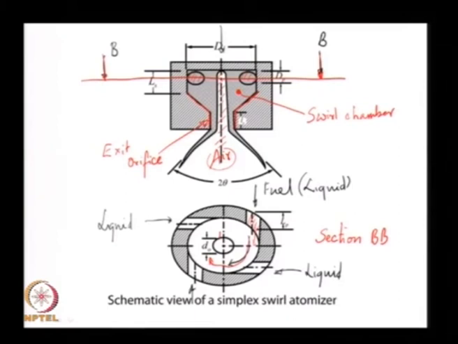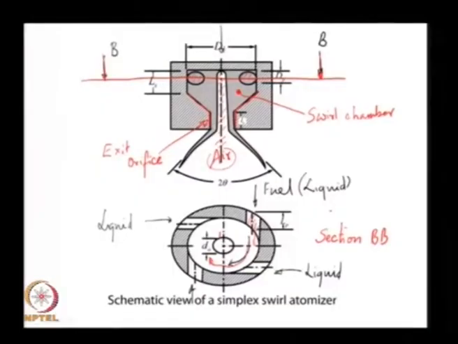The liquid is spinning, it is also moving in the downward direction, the way I have shown the picture, because the volume of the swirl chamber is constant and I am introducing more liquid from the tangential slots. So, the liquid inside the swirl chamber has no choice but to come out. Okay.